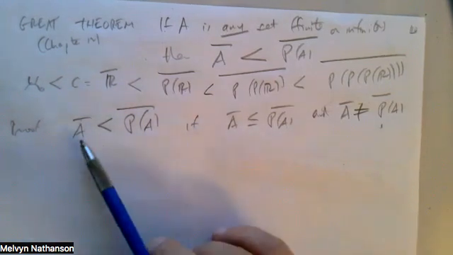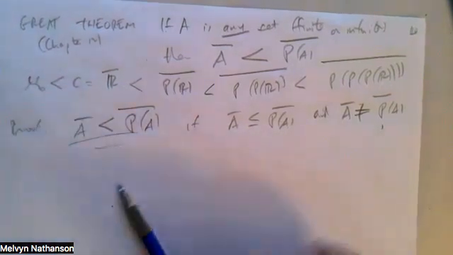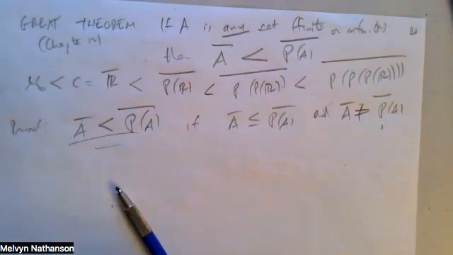So in order to prove strict inequality, we have to show two different things.